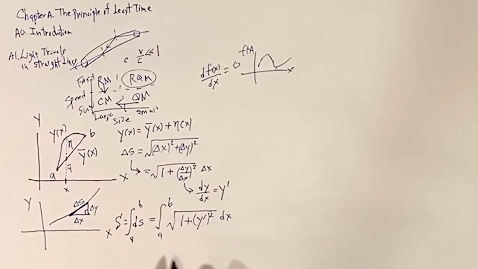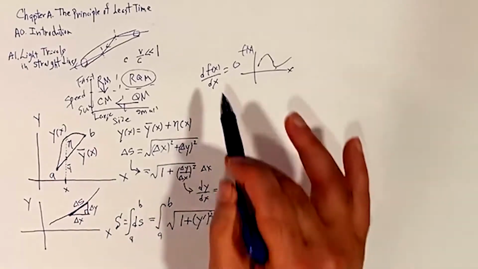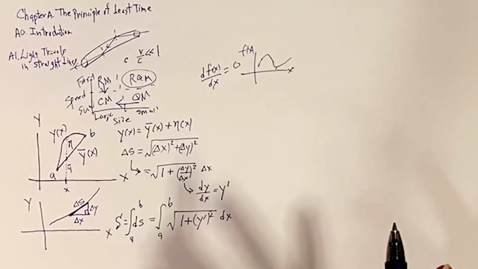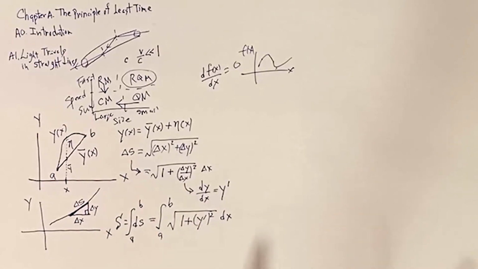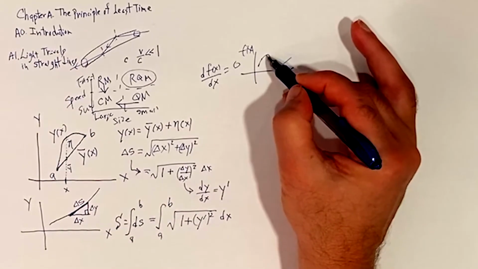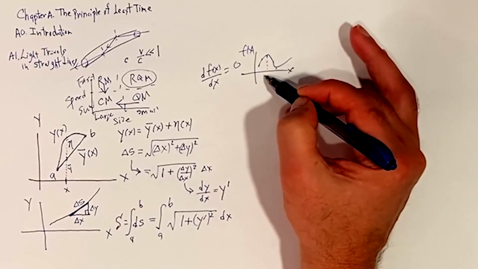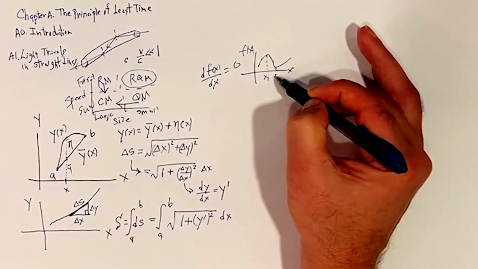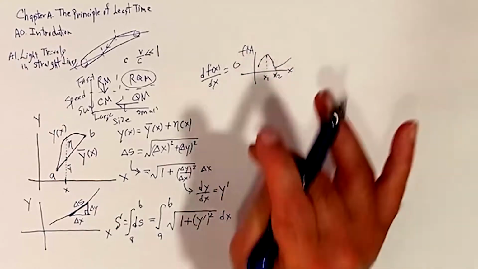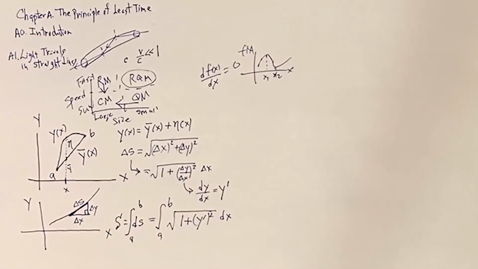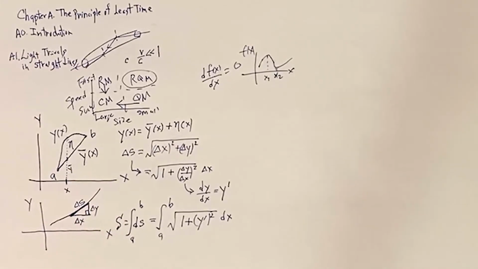So this is the concept of a functional, where you have a functional to find the best function that gets the job done, while in this max-min problem, you use a function to find a specific x that gets you your max or your min. There are like 2 of them there, x1 and x2. But if you're looking at a functional setup and then finding a function, that's the calculus of variations, all right?